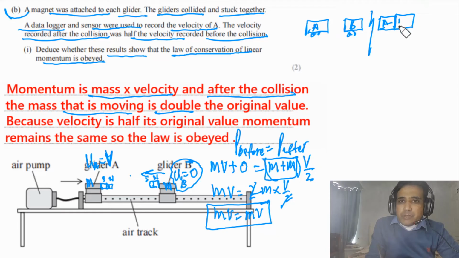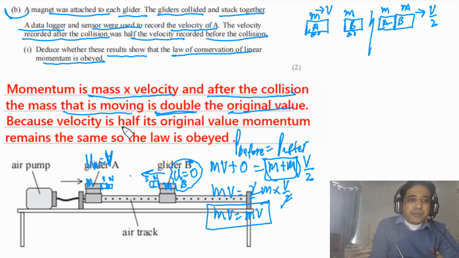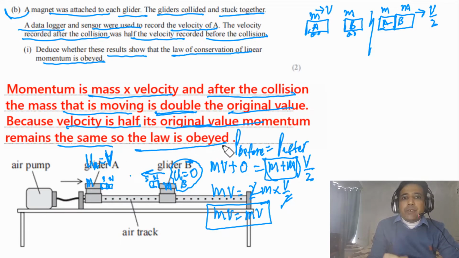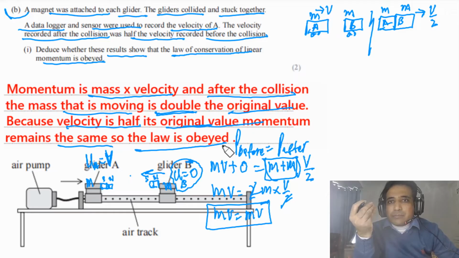The mass of this one is M, the mass of this one is M, so together this is 2M. The initial velocity of this one is V, and the final velocity of these two is V by 2. Mass is double the original value, and because velocity is half, the original value of momentum remains the same, so the law is obeyed. So this is how you can answer. It is an easy question, not very difficult, if your basic concept is clear.